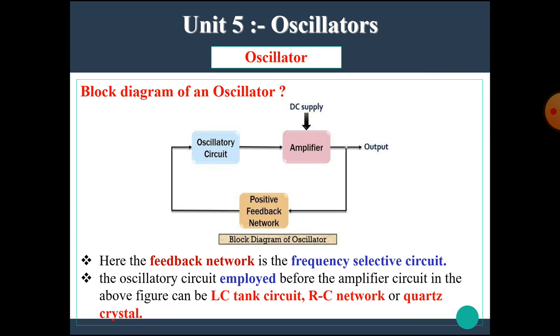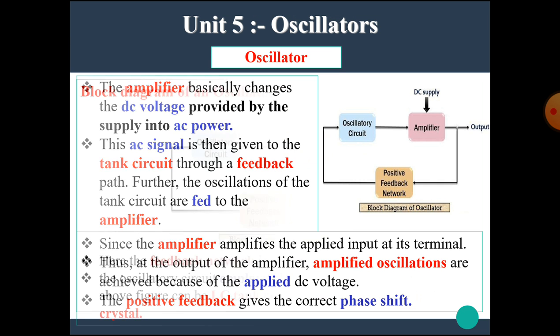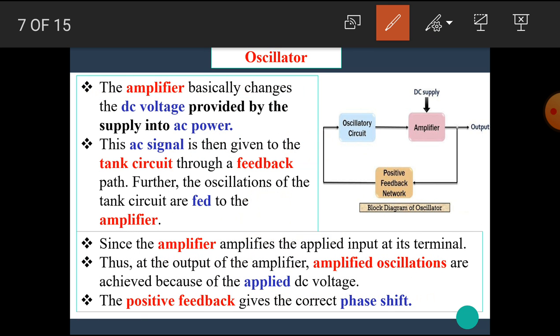Now let's see the next point. Let's see the working of this block diagram. Here the amplifier basically changes the DC voltage provided by the supply into AC power. We know that the basic function of the amplifier is to amplify the input signal, but here the input signal is not present; it is connected only to the DC power supply.